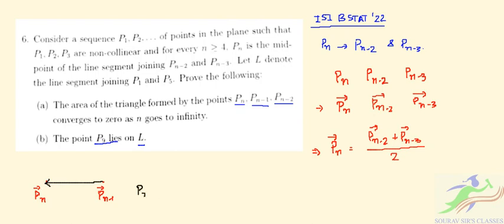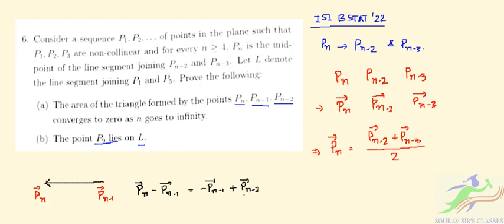So Pn minus Pn minus 1 will be equal to minus of Pn minus 1 plus Pn minus 2.